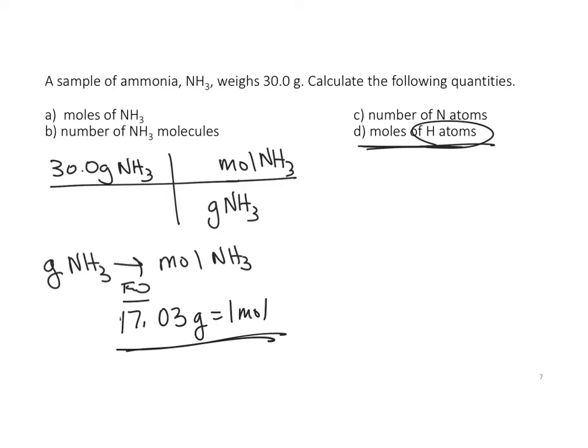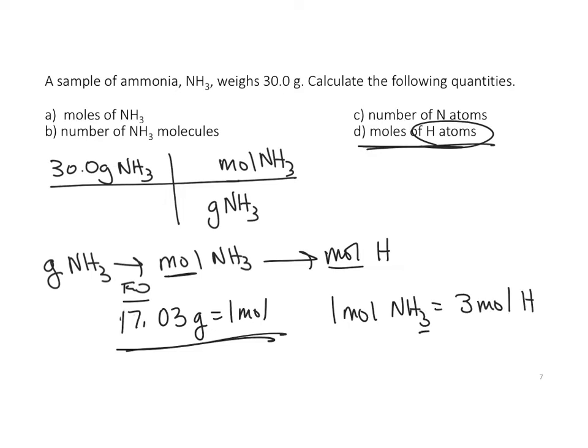And then where are we going? We want moles of hydrogen atoms. So to moles of hydrogen, you can change that mole to mole. For 1 mole of ammonia, you have 3 moles of hydrogen, because you see there's a 3 here. So for a mole of ammonia, we have 3 moles of hydrogen.